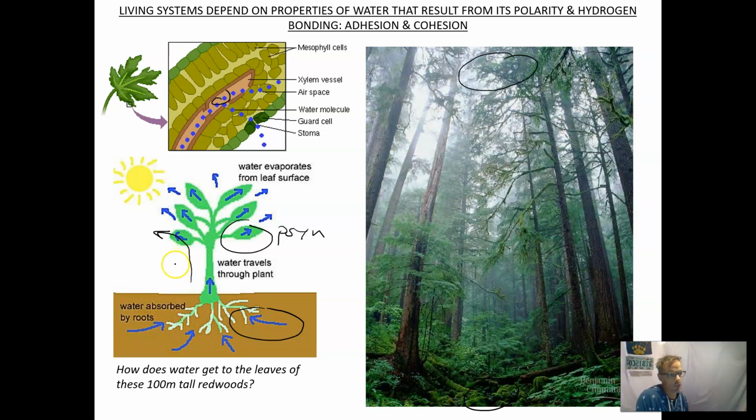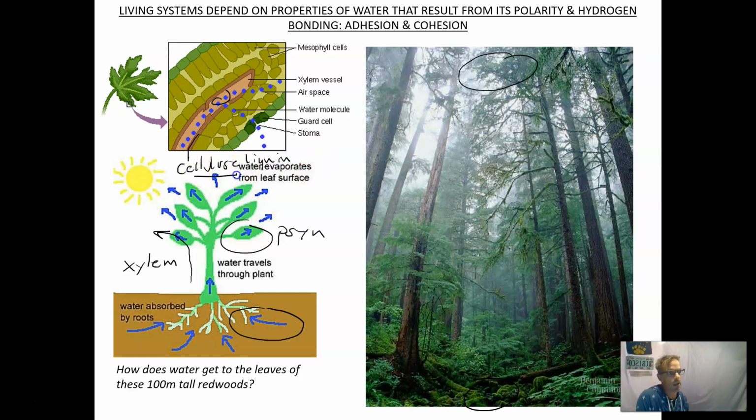The water molecules also will adhere to the sides of the cells that are taking them up. So this is a xylem cell right here, and the cell wall of this xylem cell is primarily cellulose and lignin.